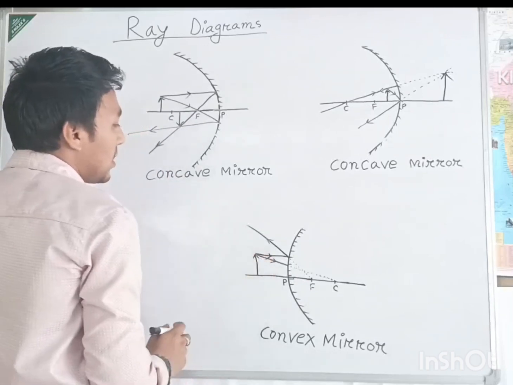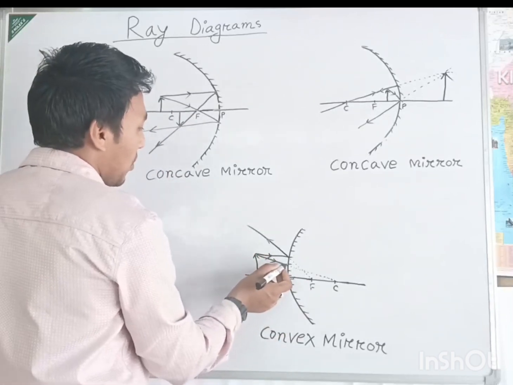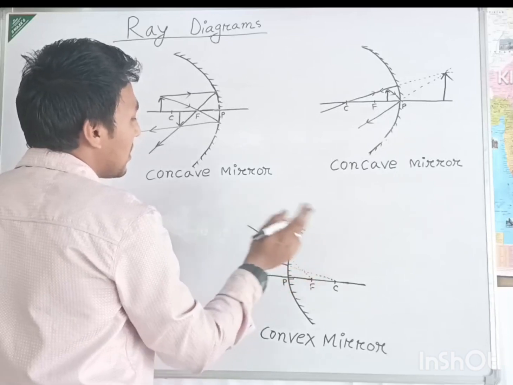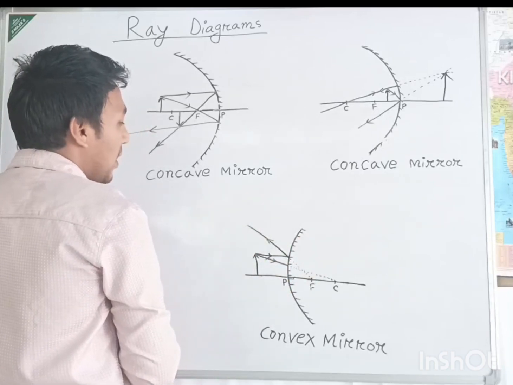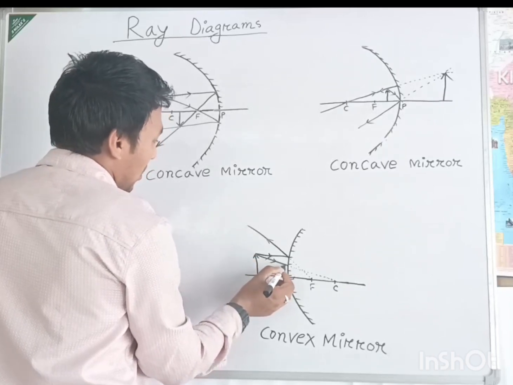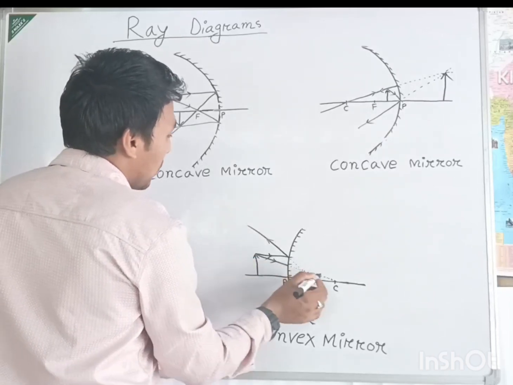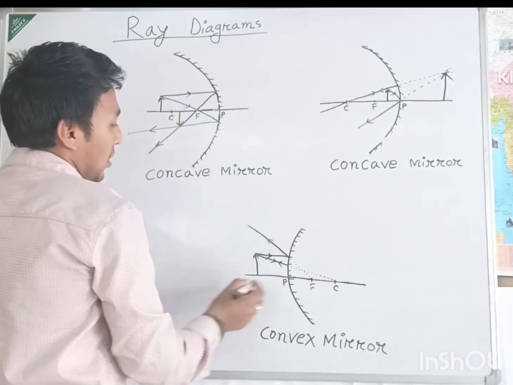When a ray is directed towards the curvature, this ray will return back because this is a polished part. This ray cannot enter this medium, so it will reflect back. How will it reflect back? Along the same path. So this ray goes, or is directed, towards the curvature and returns back along the same path.